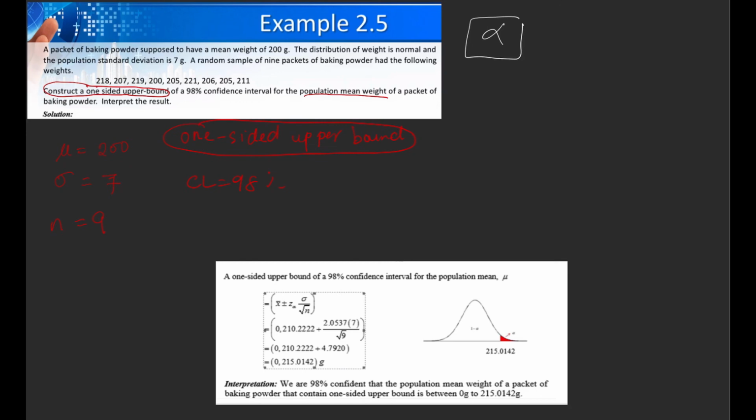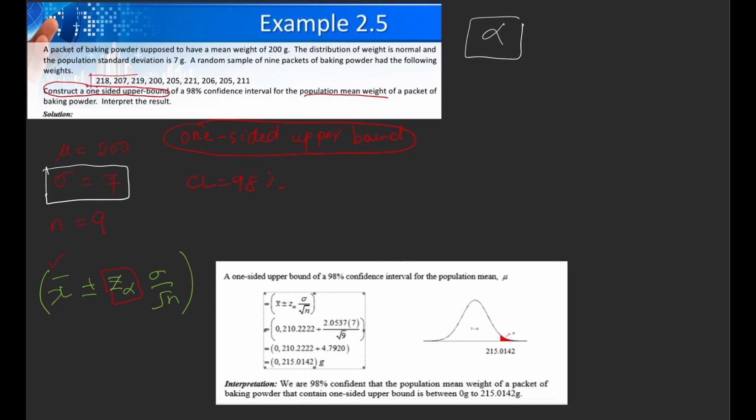From the information here, they give you sigma. Sigma equals 7. So your formula is x bar plus minus z alpha sigma over square root n. If you notice, alpha is not divided by 2. Okay, so do you have the x bar value?